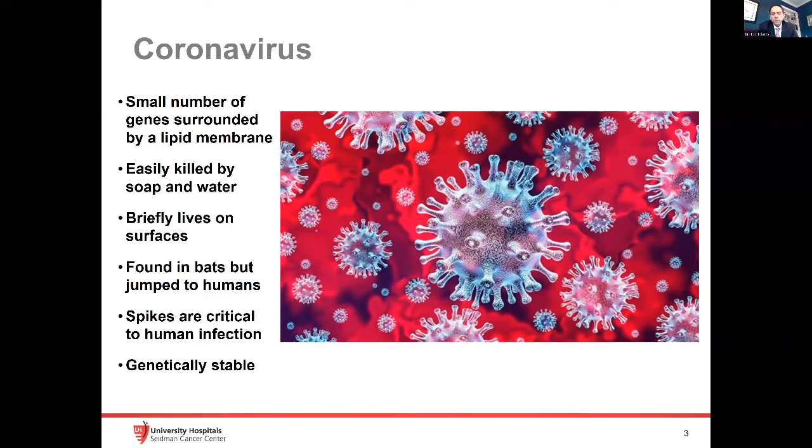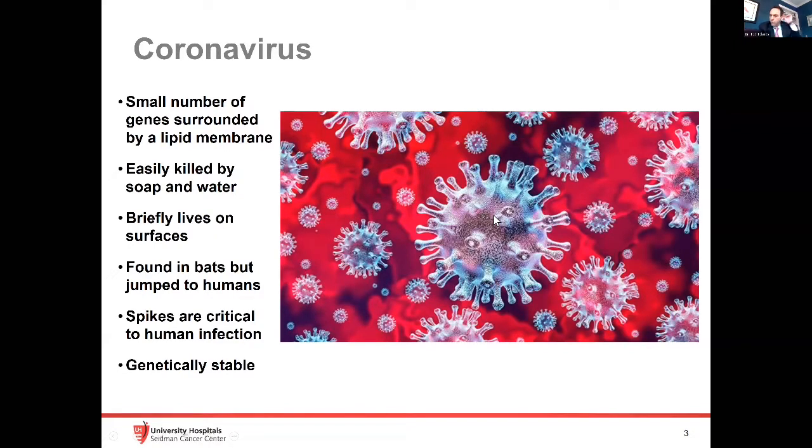Now, another important thing to note is this lipid membrane that surrounds the virus is very much soluble in detergents. So when you hear about what compounds best destroy coronavirus, plain old soap is highly effective. Soap and water is incredibly effective at killing this virus.